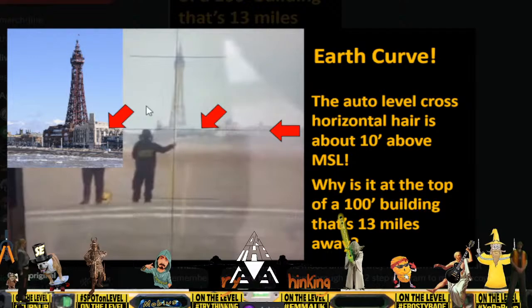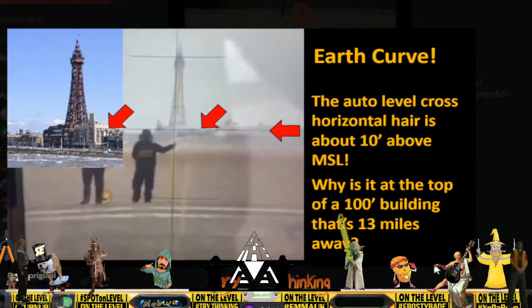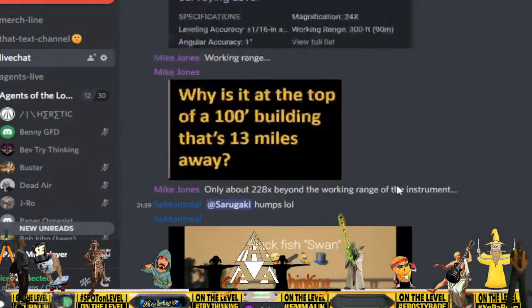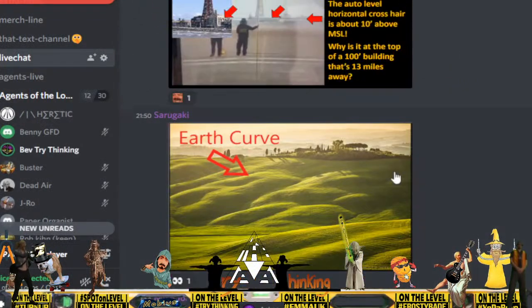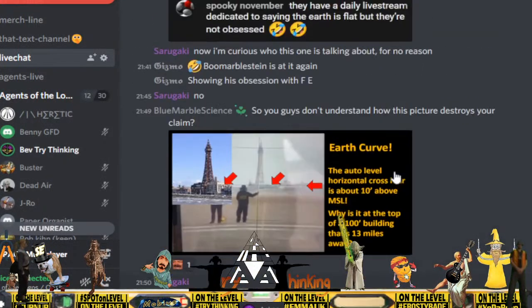So let us know, Blue, wherever, as he put it in the chat, or did he just put that one picture? What claim, Blue? That's the auto level horizontal.